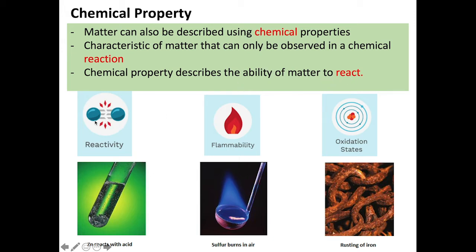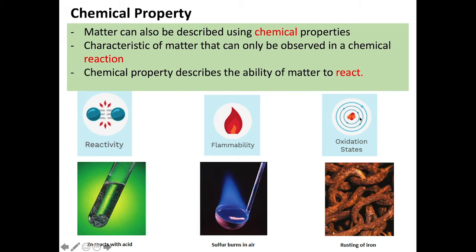So these are 3 types of chemical properties. There's more than this, but these are 3 we're going to highlight. First, reactivity. We can see chemical properties when we combine one type of matter with another type of matter. In this case, zinc reacts with acid. Second, flammability or combustibility: how easily does this thing catch on fire is a chemical property we can observe.